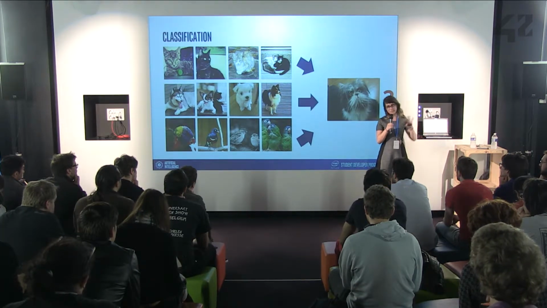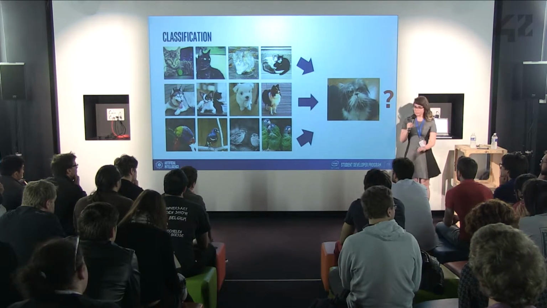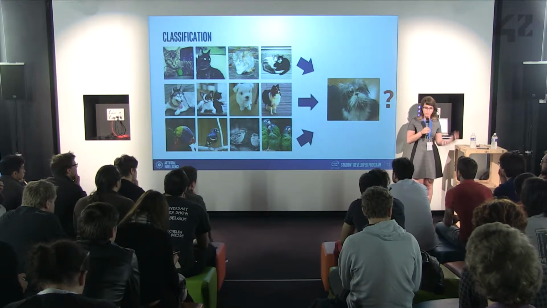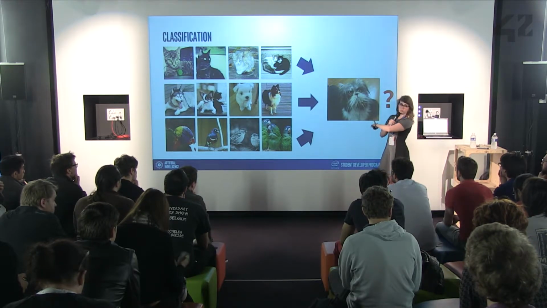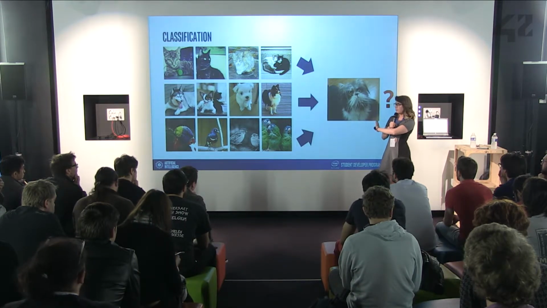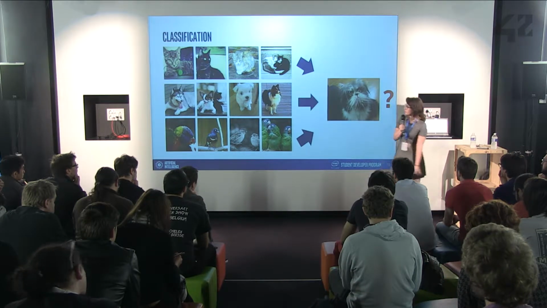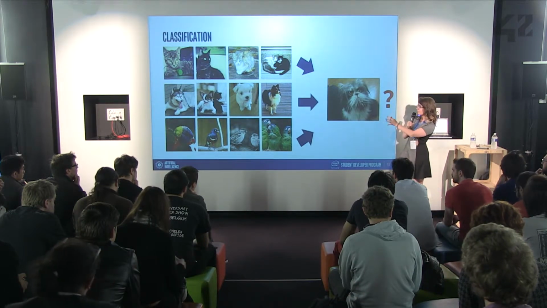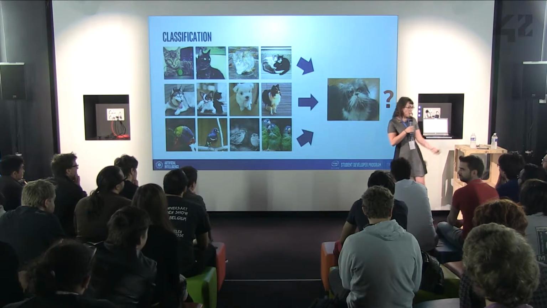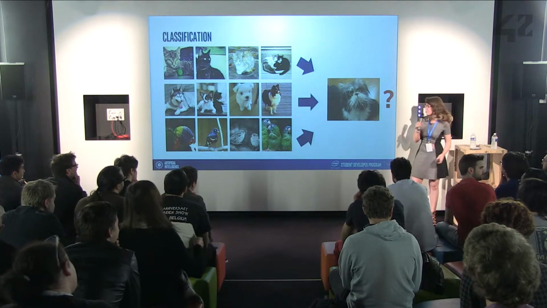This is a cat, this is a cat, a lot of times. And then when we think, okay, maybe you are ready to recognize a new animal, we give a new picture to the model without any label, and the model and the algorithm have to find what this is. In this case, I don't know if it's a dog or a cat, but hopefully the AI will know it for me because I have no idea.